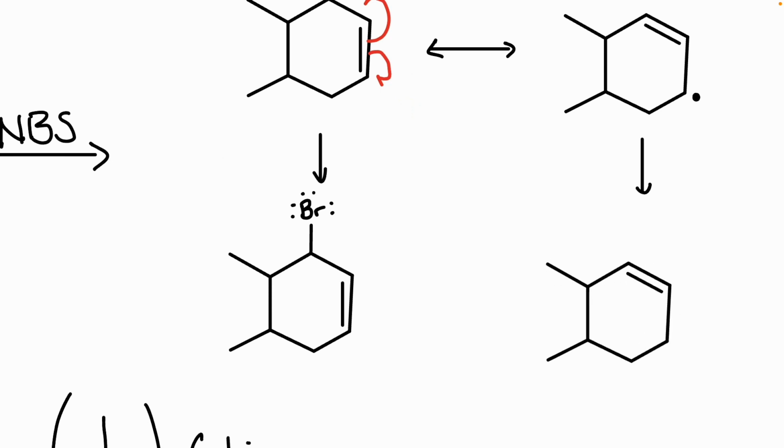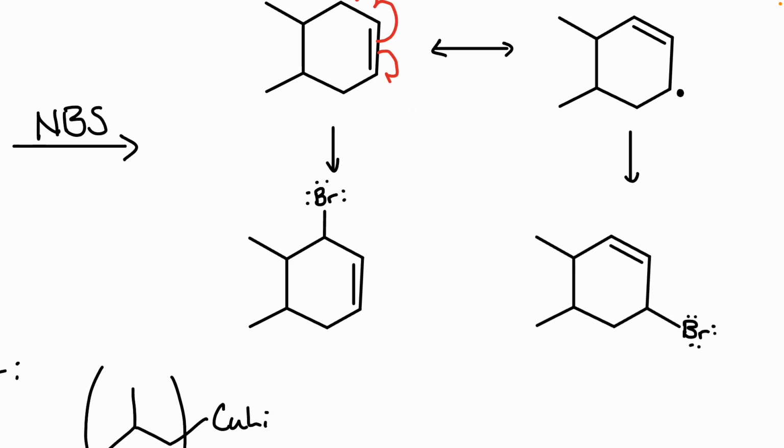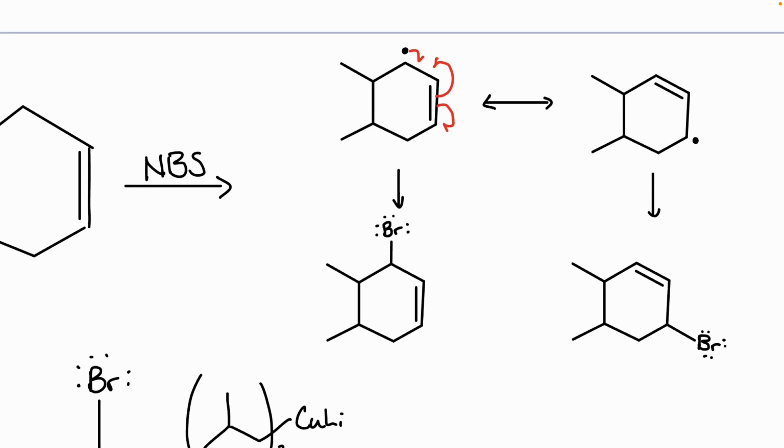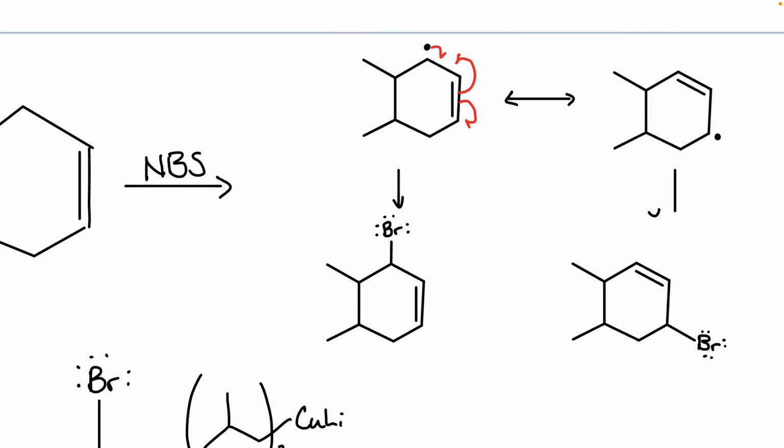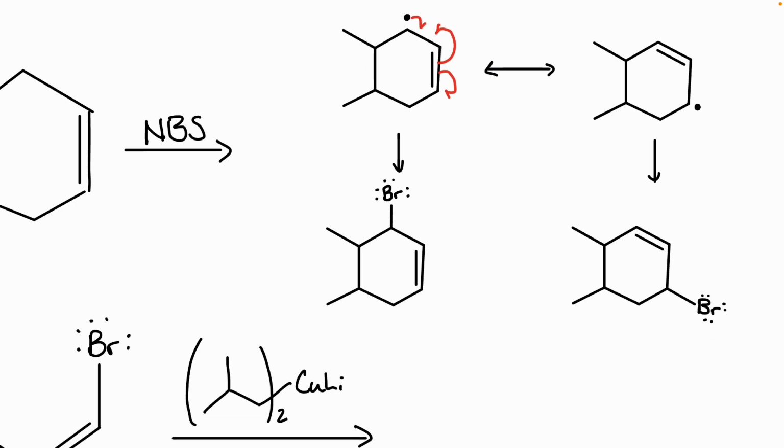So this would be the mixture of products that I would get here. All right, and again, we got to worry about this mixture of products because we have this resonance for our allylic radical. All right, it's going to move due to resonance.